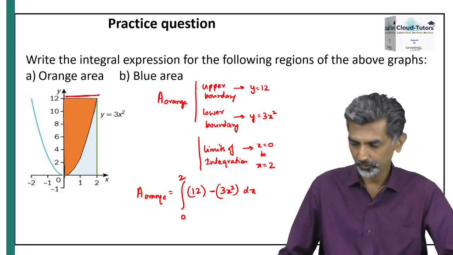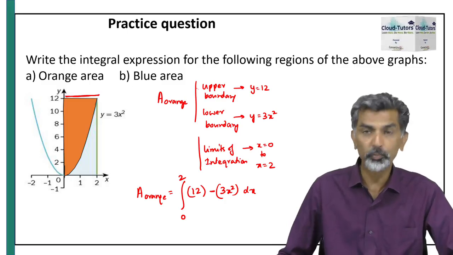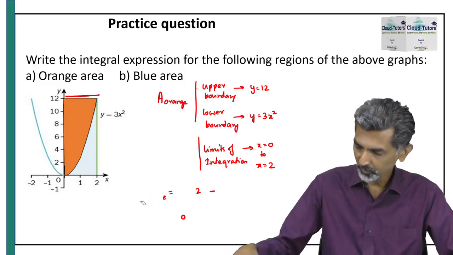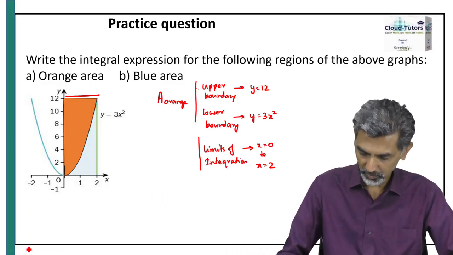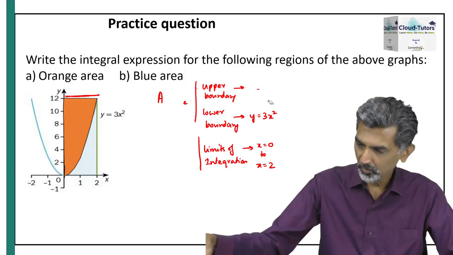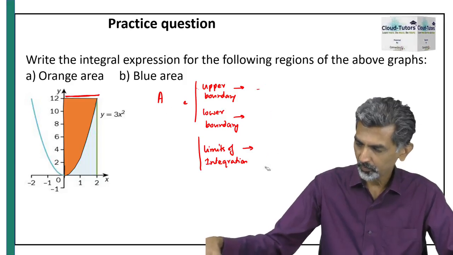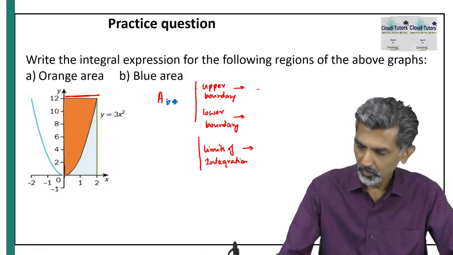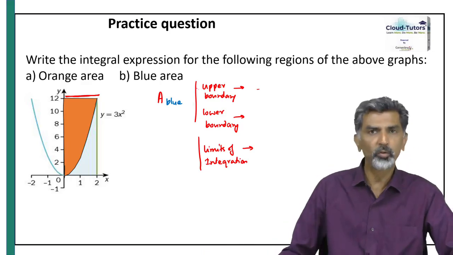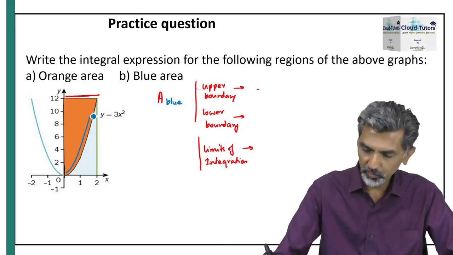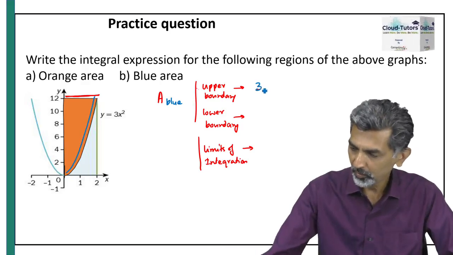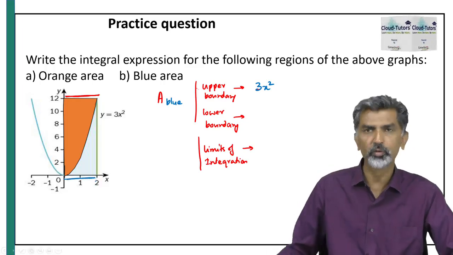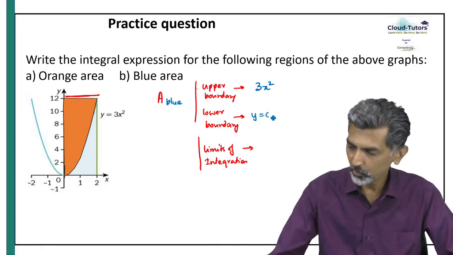How would the answer be different for the blue region? Well, let's do it by erasing this portion here. The upper boundary of the blue region is this curve, which is 3x square. The lower boundary of the blue region is the x-axis itself, which is y is equal to 0.